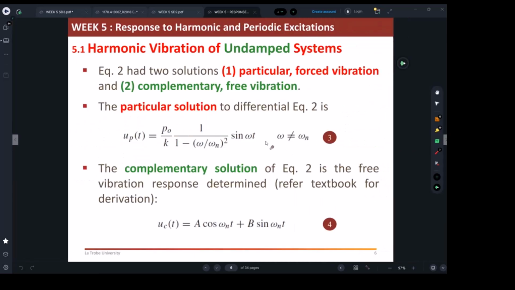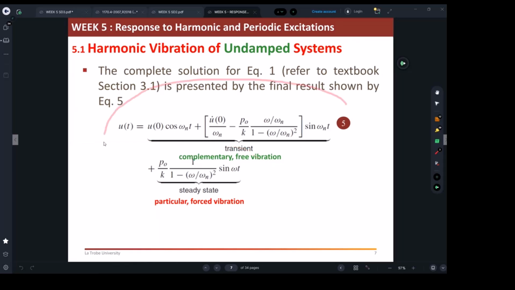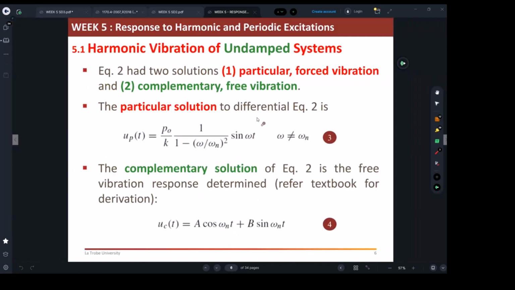Now, before I show you the equation, which is really long and complicated, and you're going to need to go back to math and do it, which I'm not asking you to do in this subject. You just need to understand here we're going to have 2 solutions. With such harmonic motions imposed on undamped systems, you will have 2 solutions.